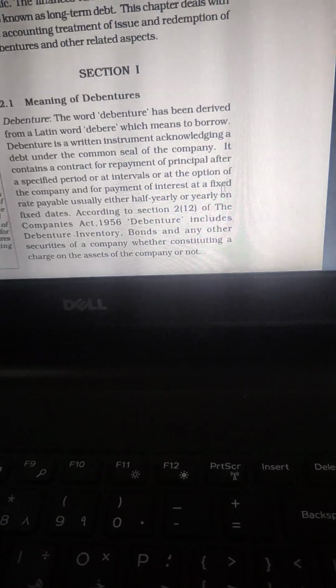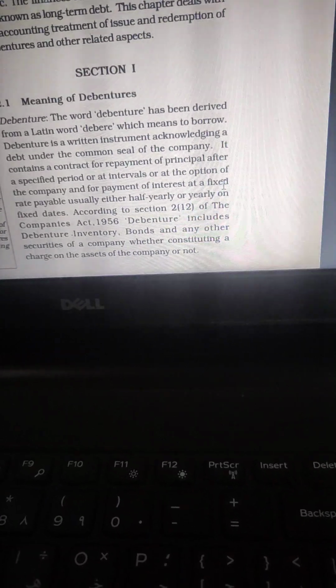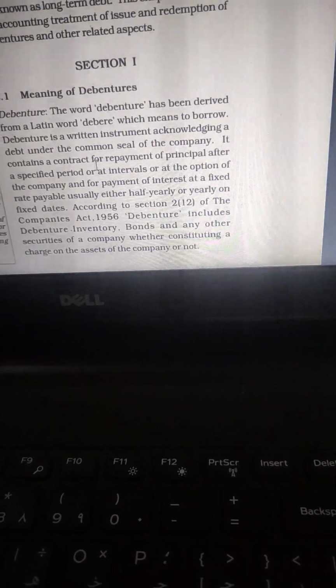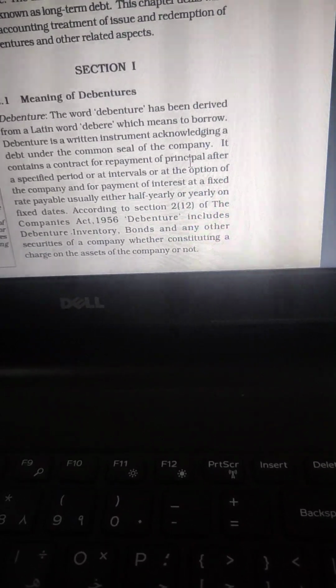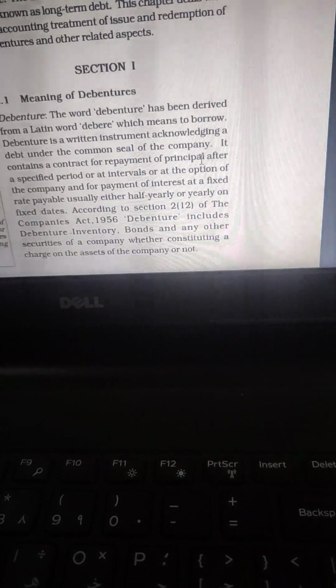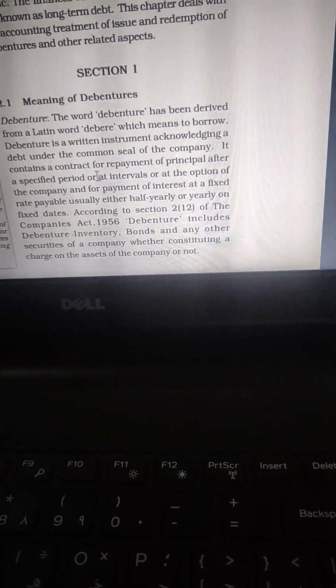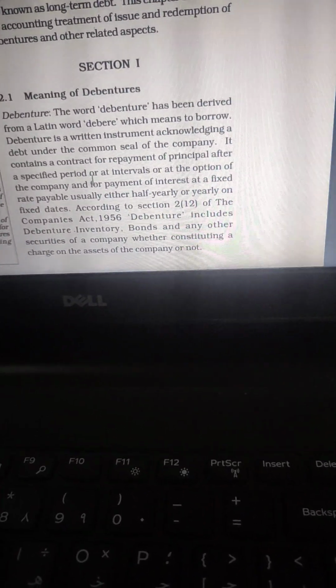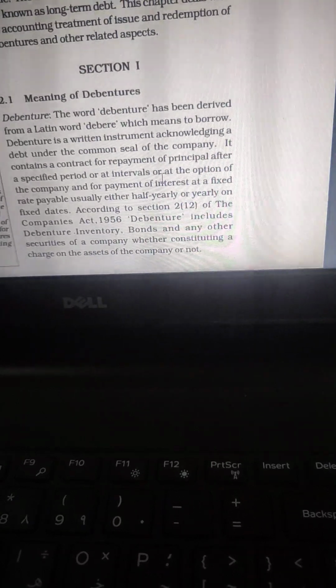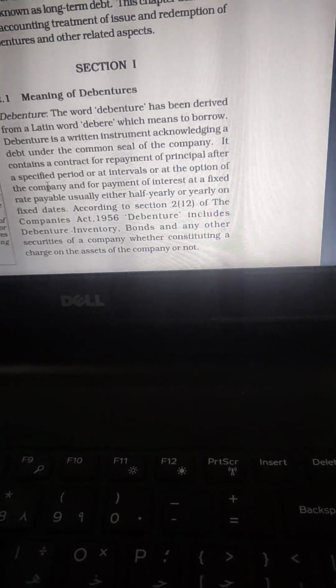It contains a contract for repayment of principal. Principal amount means the full amount that is given to the company, repayable after a specified period or at intervals or at the option of the company.